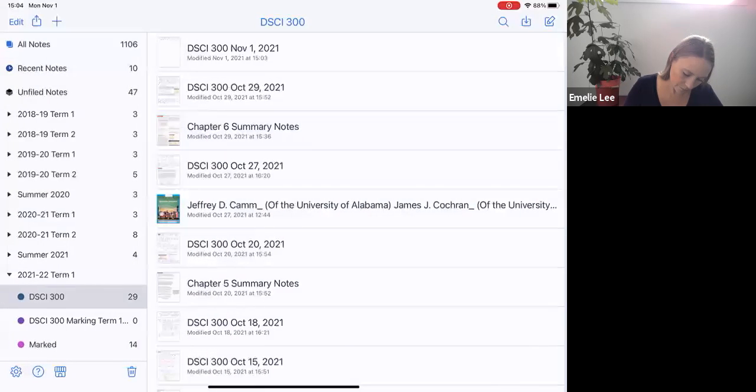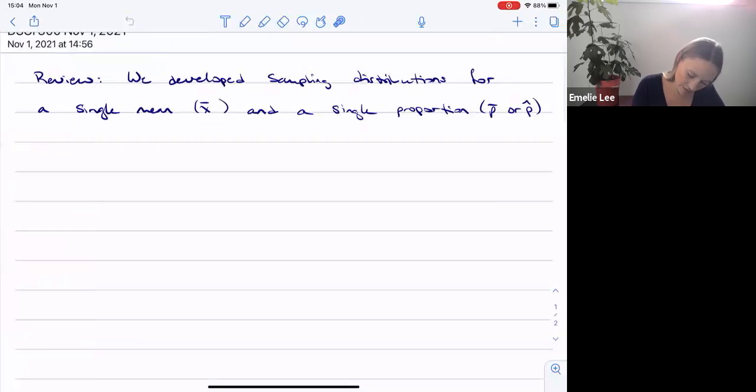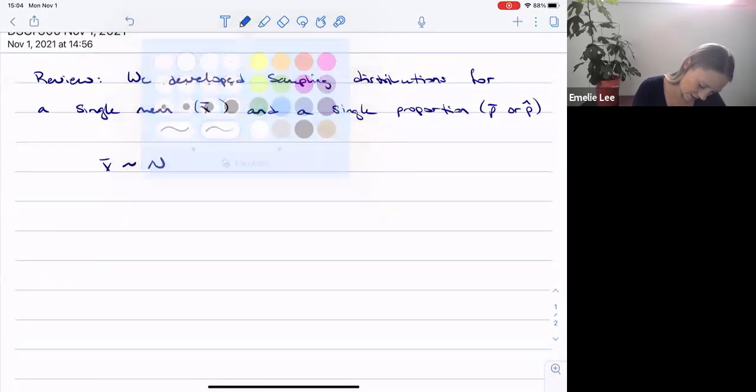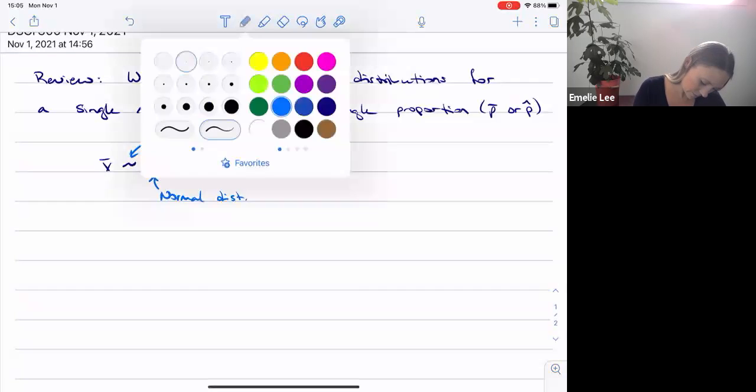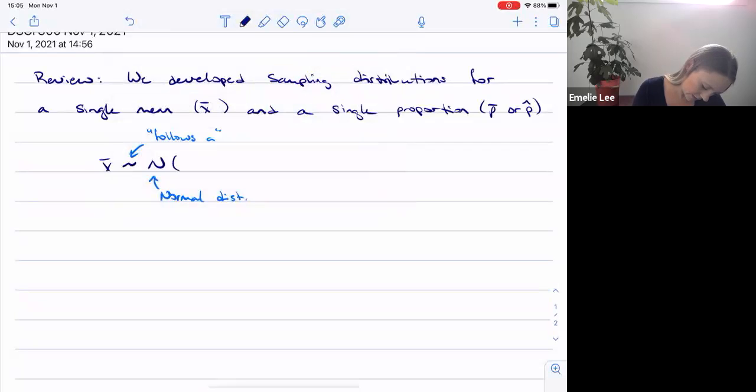So we said X bar follows a normal distribution, with a mean mu and a standard deviation of sigma over root n.